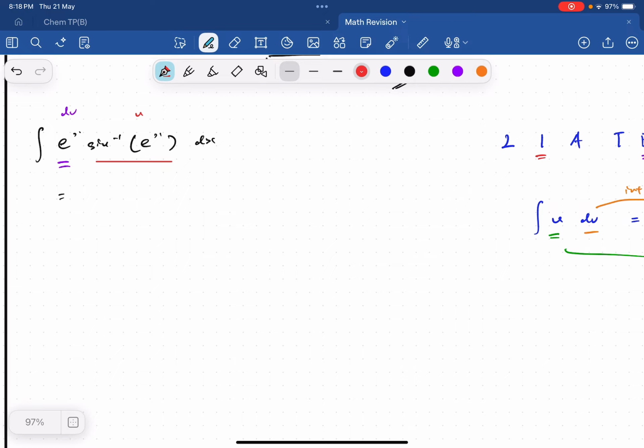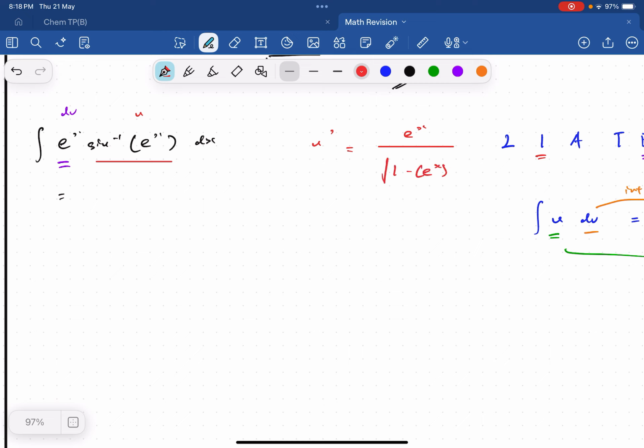Okay, so if u is sine inverse of e^x, then u prime is just going to be... we are given in MF27 the way to differentiate all the inverse trig functions, and based on MF27, the derivative of sine inverse e^x is going to be as follows.